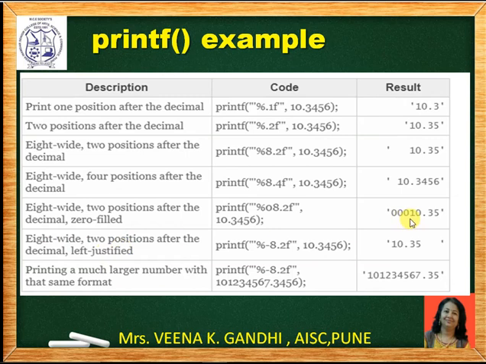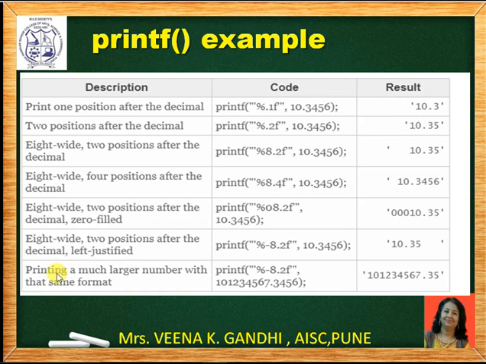Till now we have seen the result right justified. Now here we have specified left justified, so we indicate the minus flag. So %-8.2f. Flag first, then width, then dot, and then precision 2, meaning after the decimal point print only two decimal places. So 10.35, but it is left justified, so blanks are added after 35.